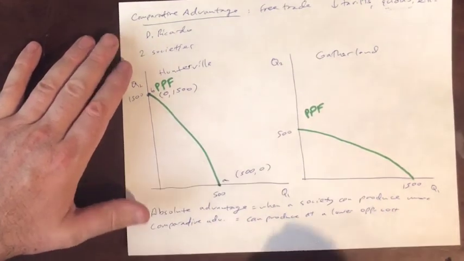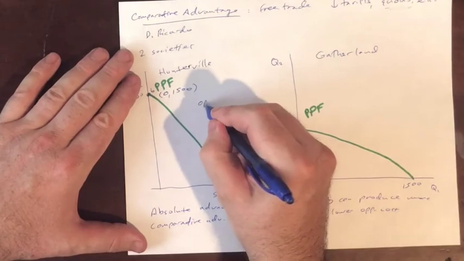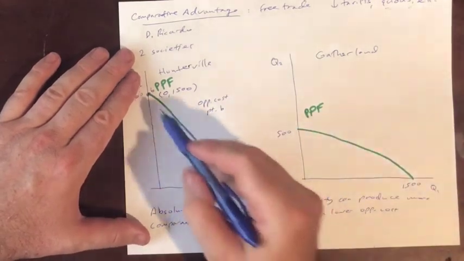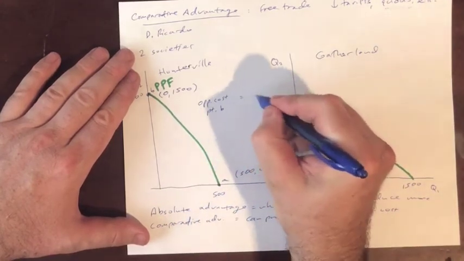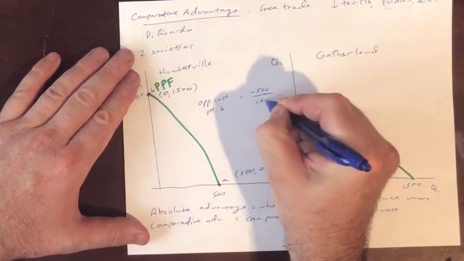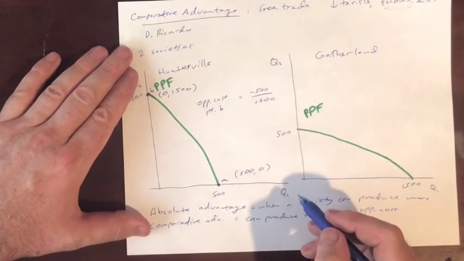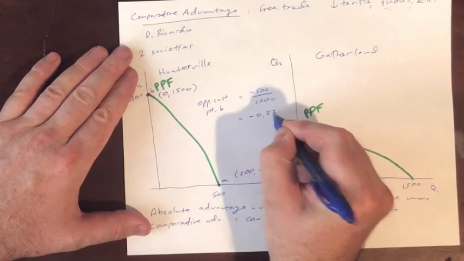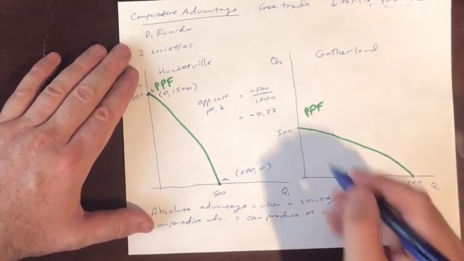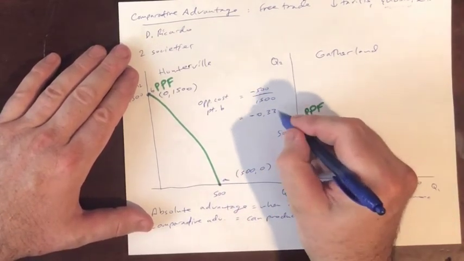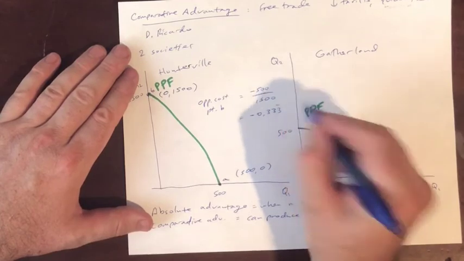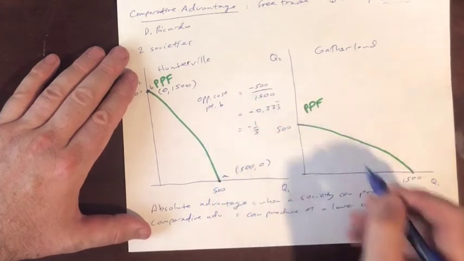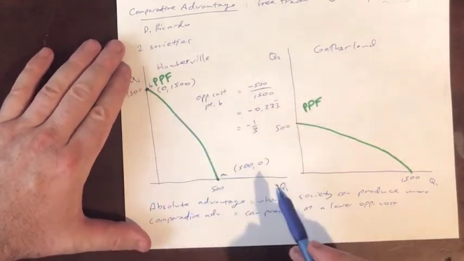So the opportunity cost at point B, moving from A to B, is 500 over 1500, the loss over the gain. So the opportunity cost is negative 1/3 or negative 0.33 repeating. That's their opportunity cost.